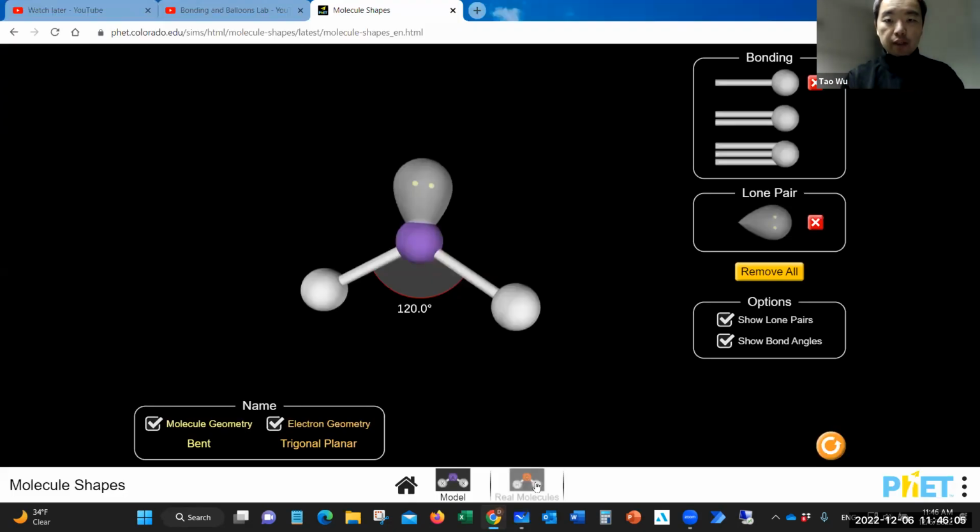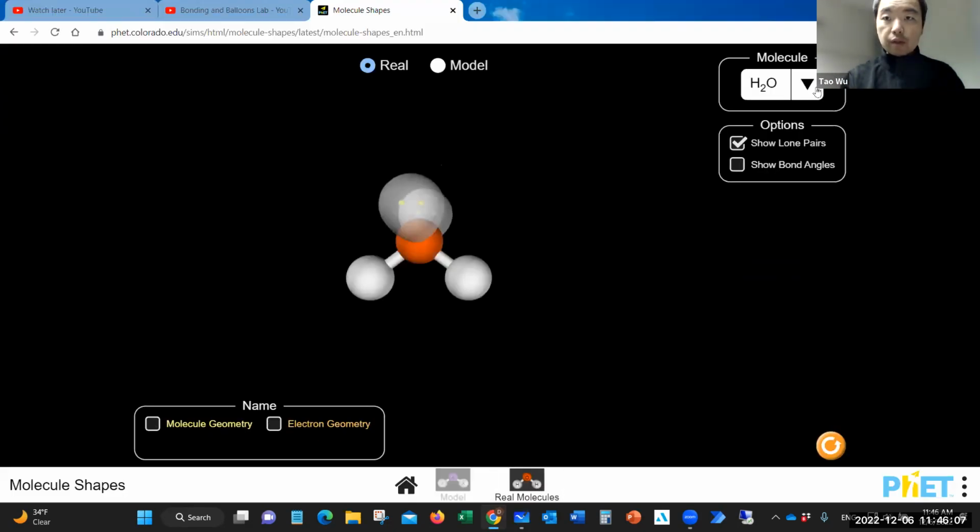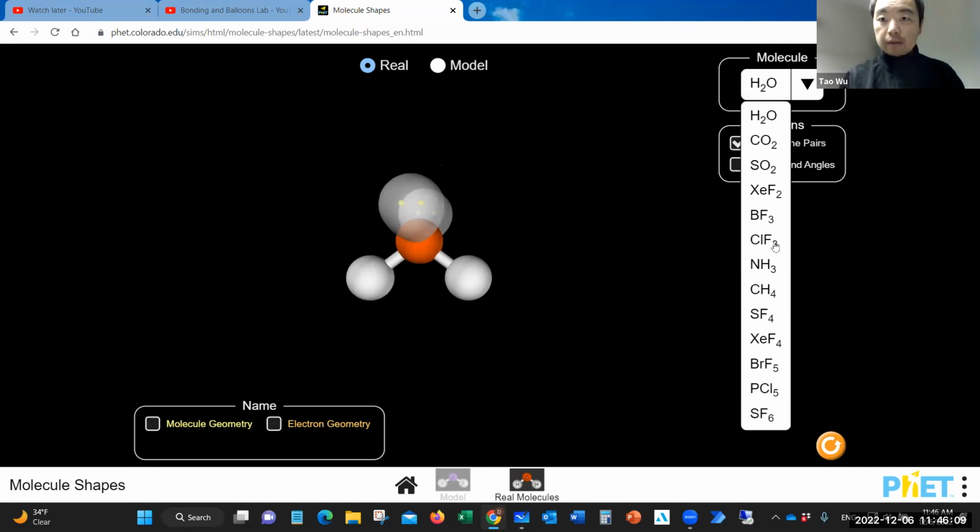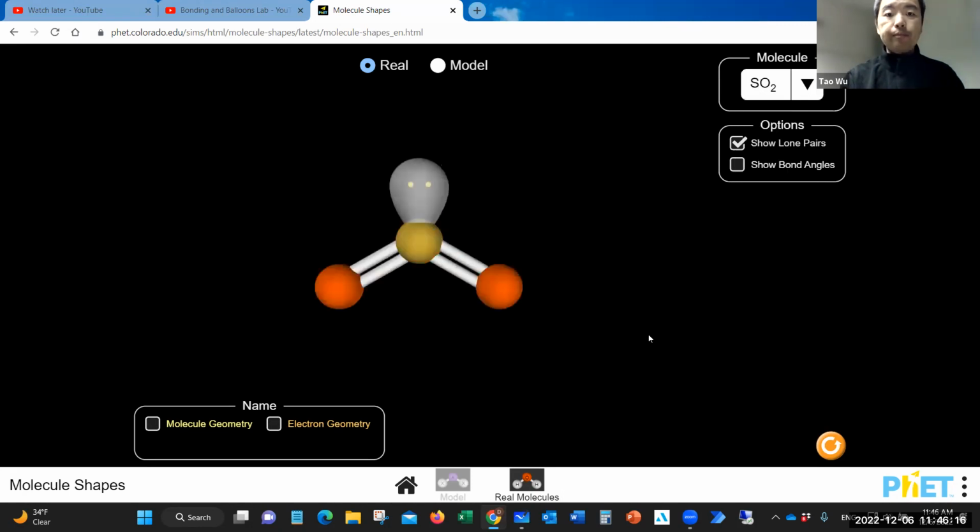So here I can show you one of the examples. Okay, so this is SO2. They have 2 bonding domains, 2 double bonds, and 1 lone pair, as shown here. And if you see, the bond angle is not exactly 120, it's a little bit smaller, but not too much smaller.